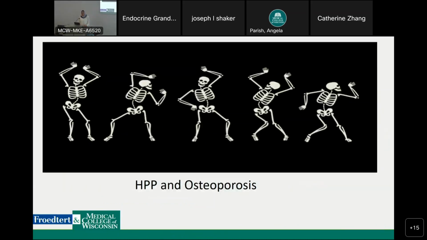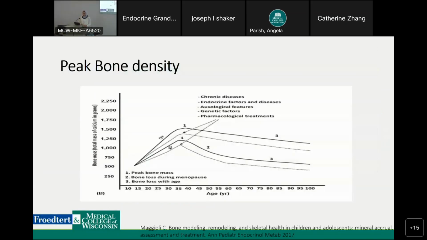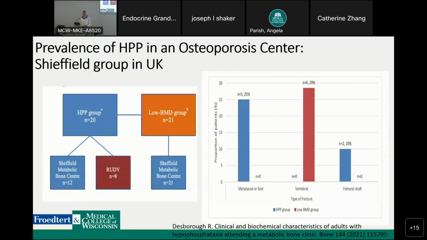So, HPP and osteoporosis. We have to note that peak bone density is actually not reached in patients with HPP and other endocrine problems, in both males and females. There's also an interesting study from the Sheffield group in the UK about the prevalence of HPP in the UK in 2021.